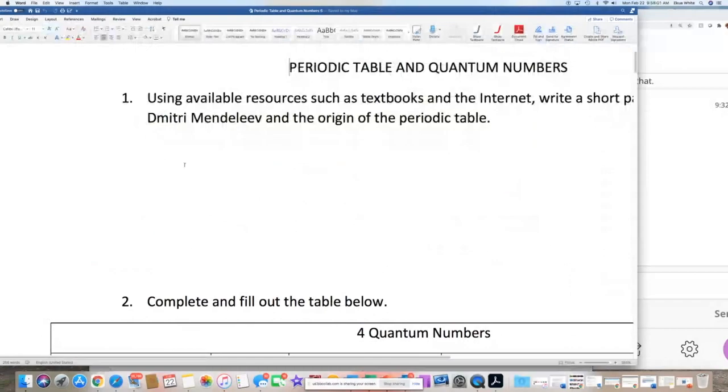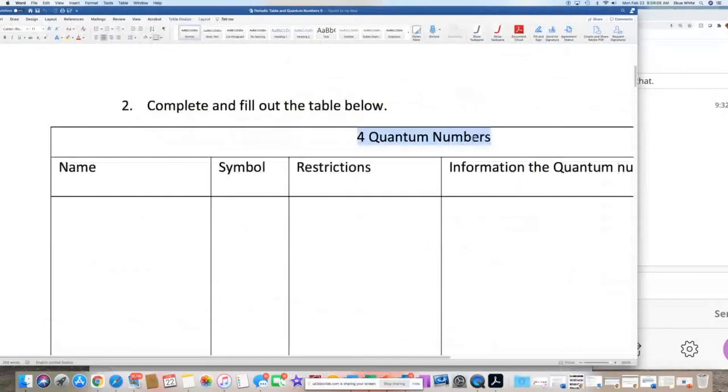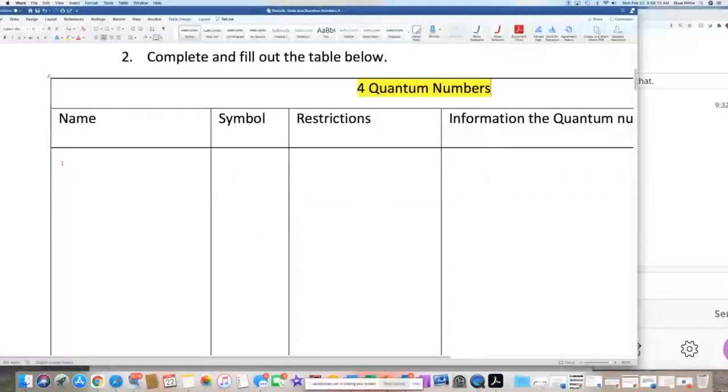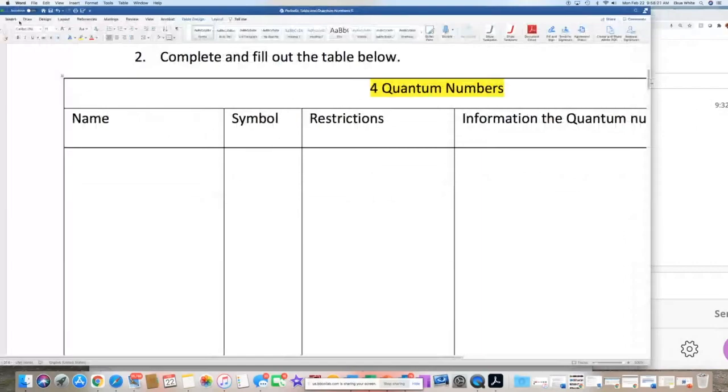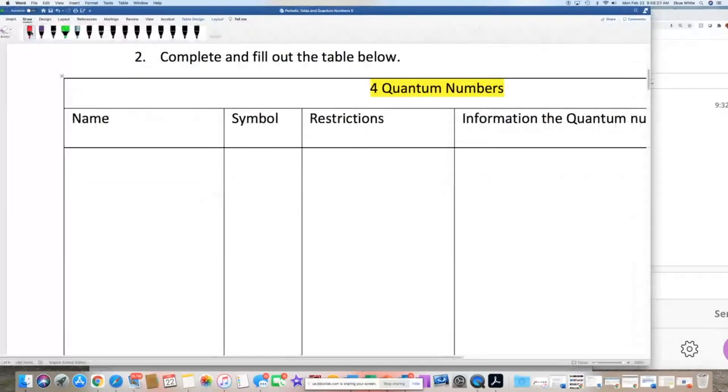But for number 2, this summarizes the 4 quantum numbers, as you can see right here. You have to provide the official name, and then the casual name in the name part. So for example, let me show you how to draw this. For this first one, I can write here principal.